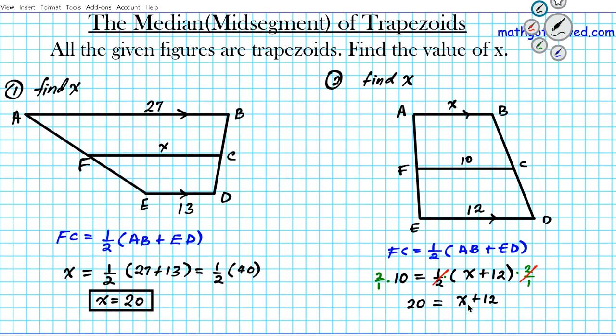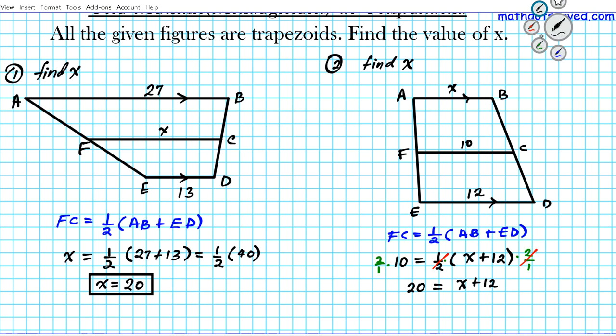To finish this off, to get x isolated, we'll just simply subtract 12 from both sides of the equation, and that will help us know what the length of side AB, or the value of x, is. 20 minus 12 is 8. 8 is x, ladies and gentlemen. So let's rewrite it. x is equal to 8, and that is the length of the shorter base of our trapezoid.